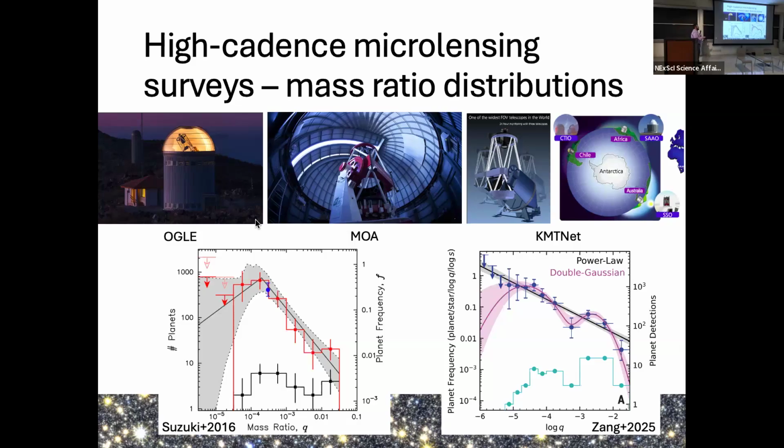And so these are 2 examples that are the most recent. We had a study from 2016, Suzuki et al., which measured the mass ratio function of microlensing planets and found an increasing, or a negative power law, so low numbers of large planets increasing to high numbers of low mass planets, just like we see with other techniques in terms of radius for transits and m sin i for radial velocities.